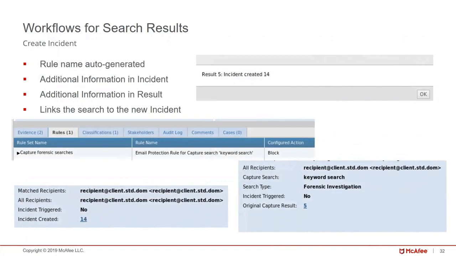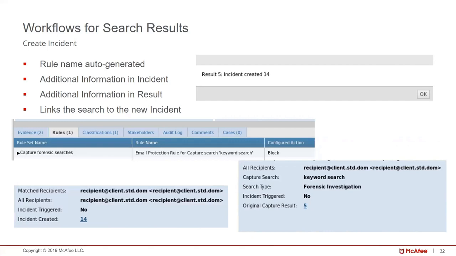So when you create an incident, if there's not an existing rule that you're tuning, the rule name will automatically be generated. It doesn't actually create the rule in your DLP policy manager. It's basically pointing to a rule tuning name that you've created within your DLP capture configuration.